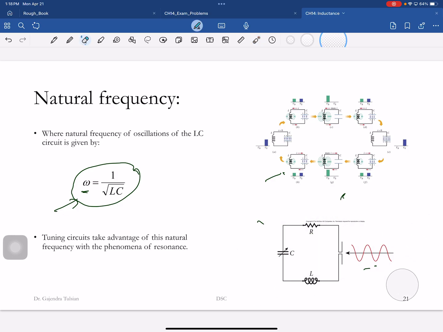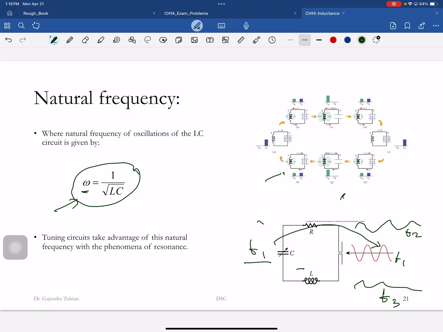So again, amongst all the signals F1, F2, F3, the one you catch is the one where you tune the circuit to match the frequency of the signal you want to catch.